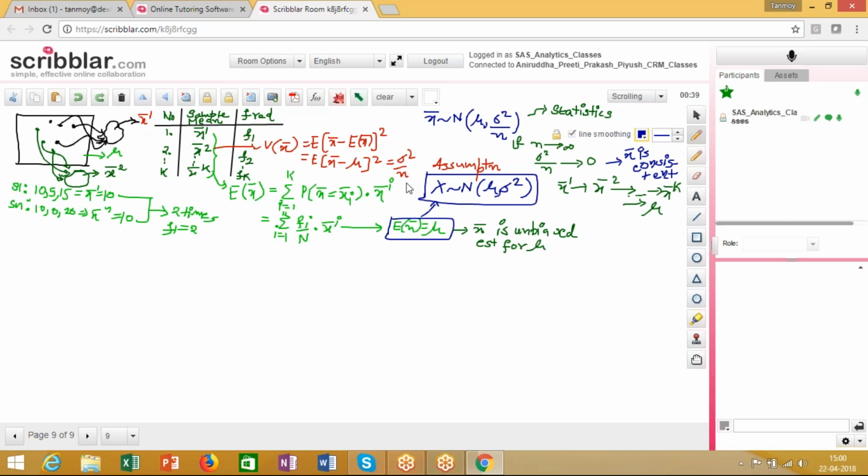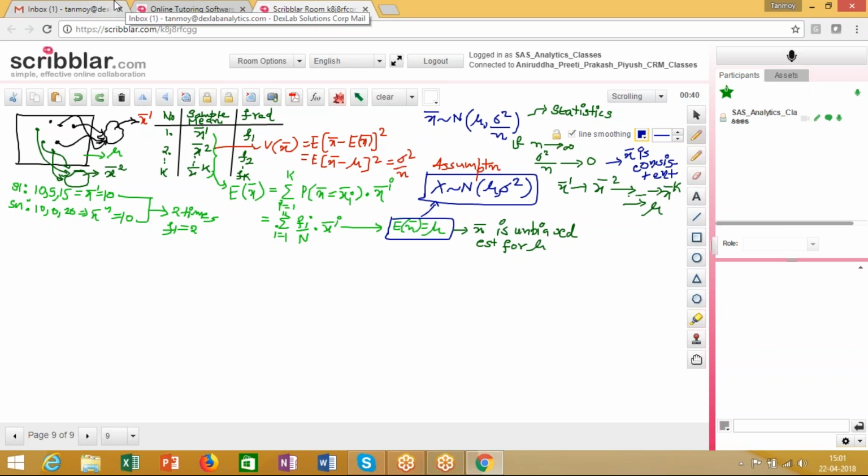So this is what the overall idea is, right? Now after this, the next question that we take up over here is: why then sample mean?